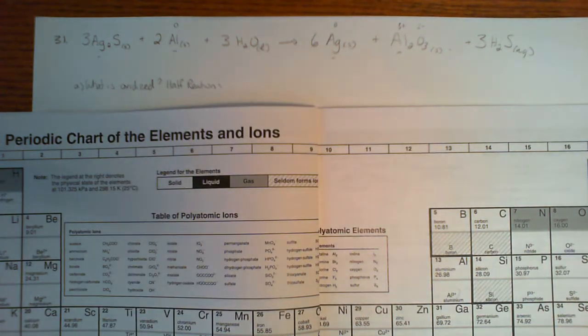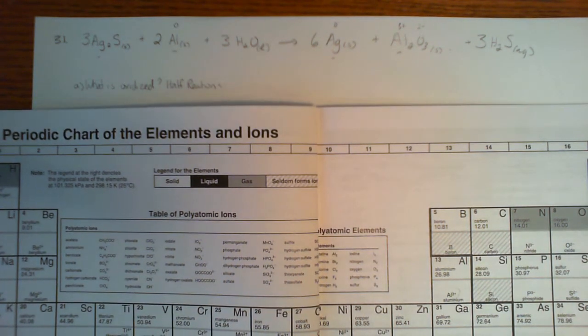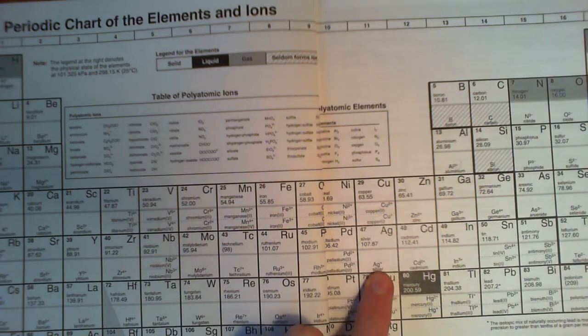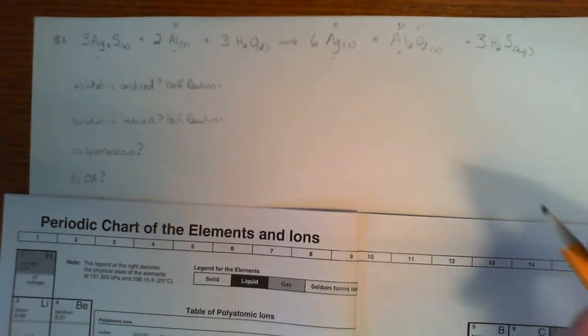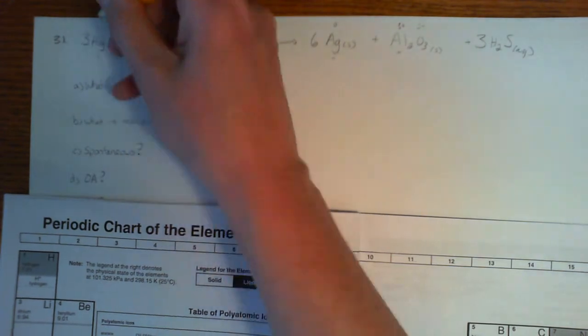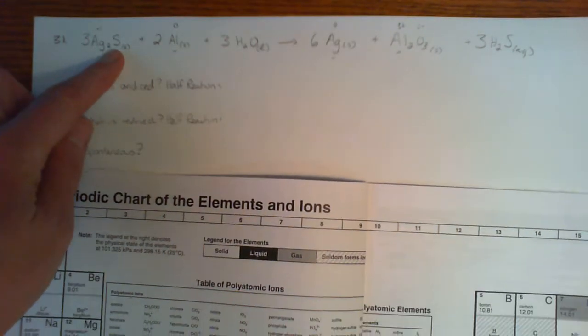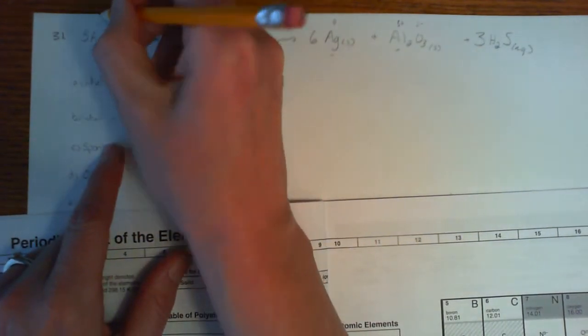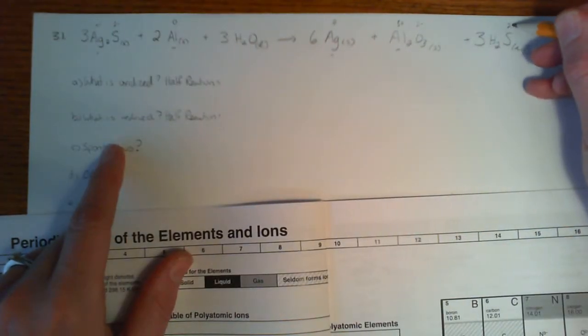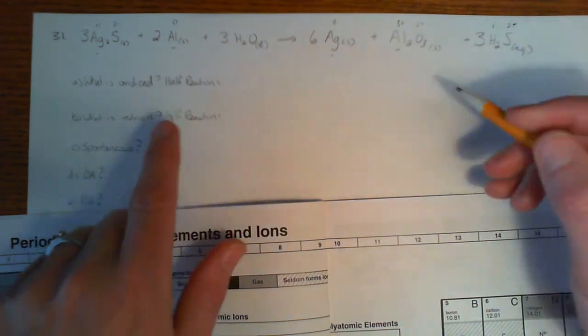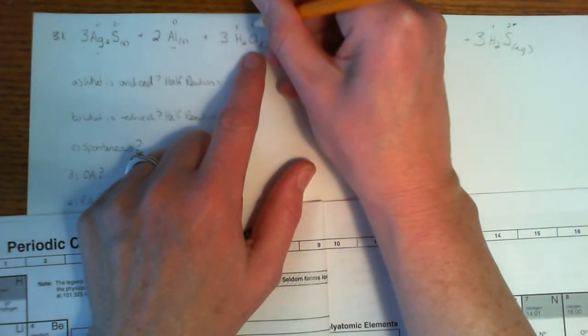And where's our silver? Oh, here we go. Positive ions. Positive 1 for silver ions. And sulfur, if we ever want to look, is 2 negative. Hydrogen's always positive 1, and then oxygen's negative 2.